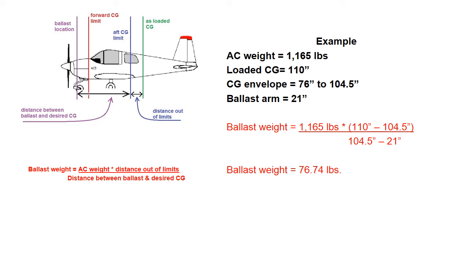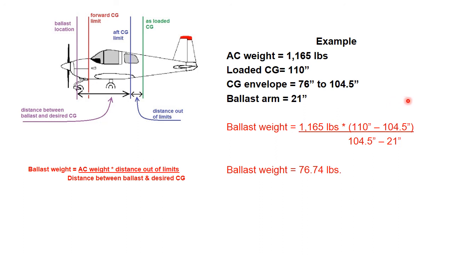We'll start back with our formula. Ballast weight equals the aircraft weight times the distance out of limits divided by the distance between the ballast and the desired CG. We'll first add the weight of our aircraft, 1,165 pounds, and multiply this by the distance out of limits, or the distance between our as-loaded center of gravity and our aft CG limit, 110 inches minus 104.5 inches.